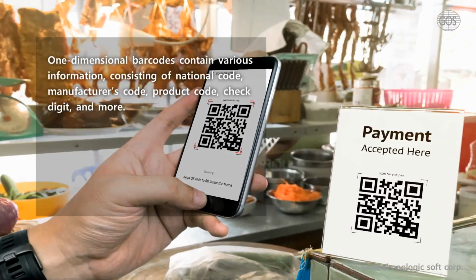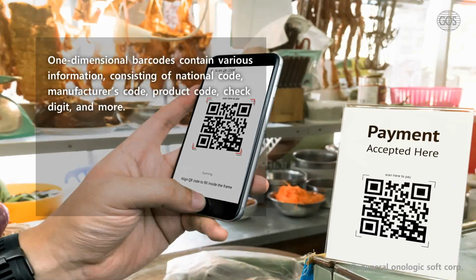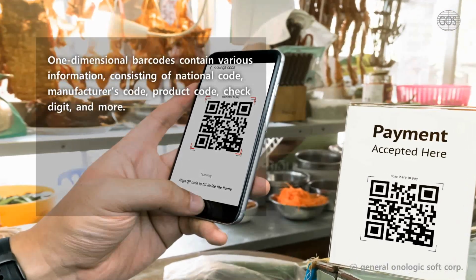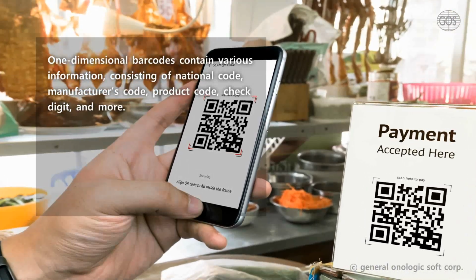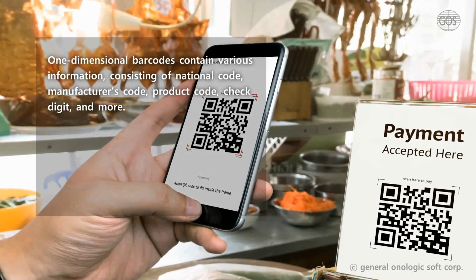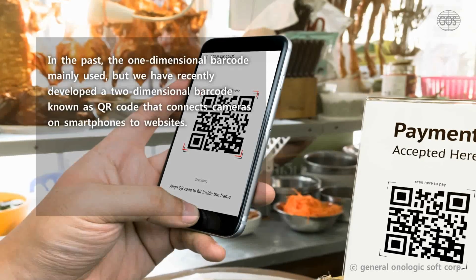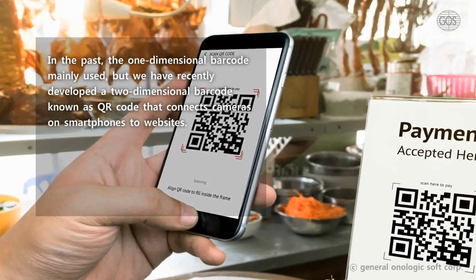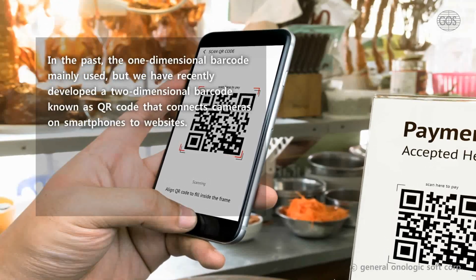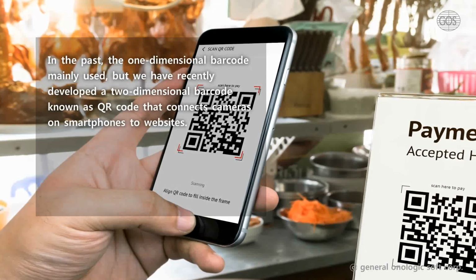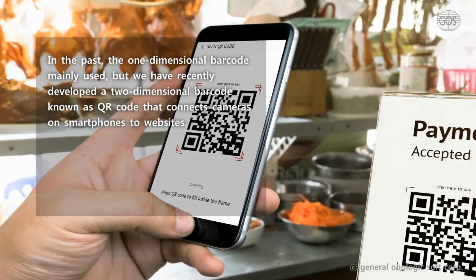One-dimensional barcodes contain various information, consisting of national code, manufacturer's code, product code, check digit, and more. In the past, the one-dimensional barcode was mainly used, but we have recently developed a two-dimensional barcode known as QR code that connects cameras on smartphones to websites.